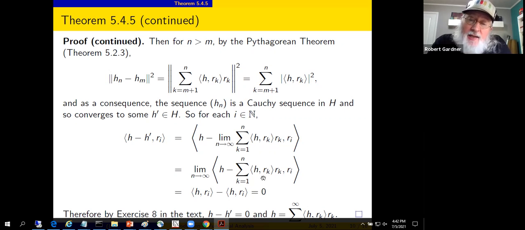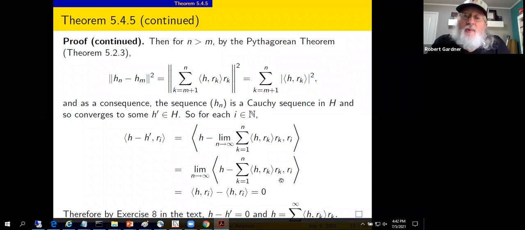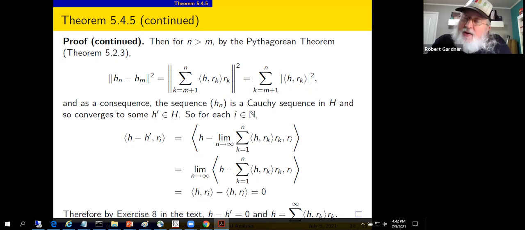And when k equals I, you get the inner product of H with R sub I. That comes out from here. Here you'd have an R sub I vector, inner product with R sub I. Well, that's 1 because that's the norm squared of a unit vector. So the inner product of H with R sub I minus itself, we get 0 out.